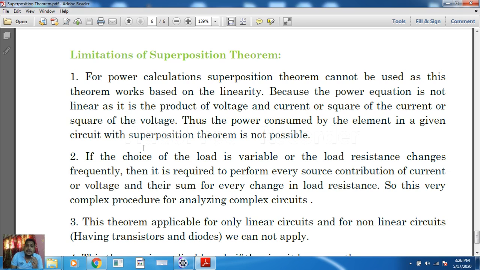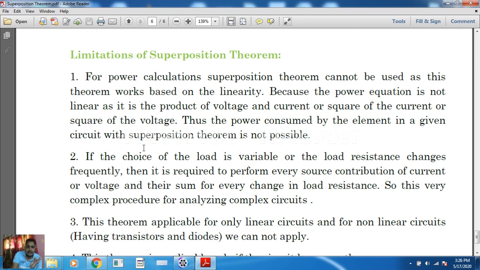We know P is equal to V into I, which makes it a square term, so it is no longer linear. It is a multiplication of voltage and current. That's why we cannot use the superposition theorem to find any power.